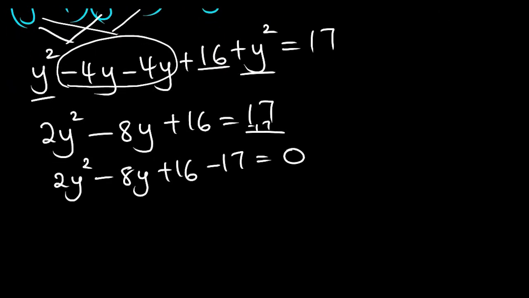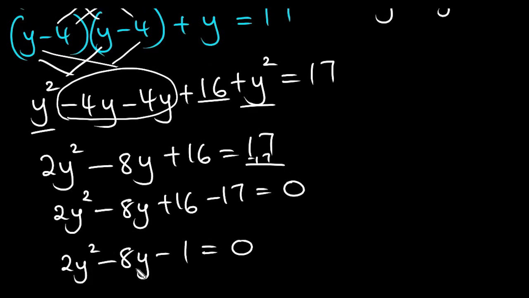And then on the left side it will be 2y squared minus 8y then minus 1, because 16 minus 17 is negative 1, and then is equal to 0. So we now have a quadratic equation ready to solve. You can see that it is now in the general format of a quadratic equation.